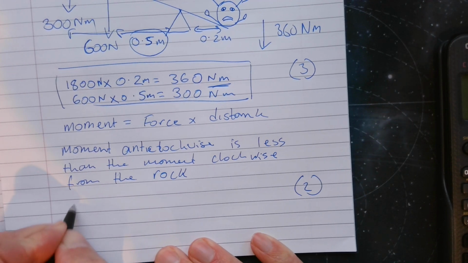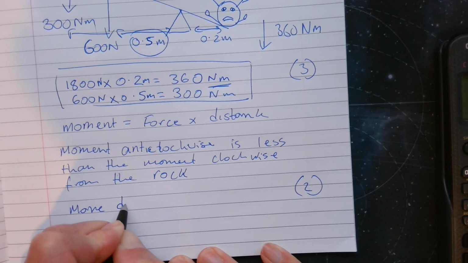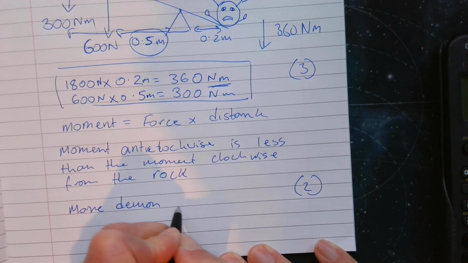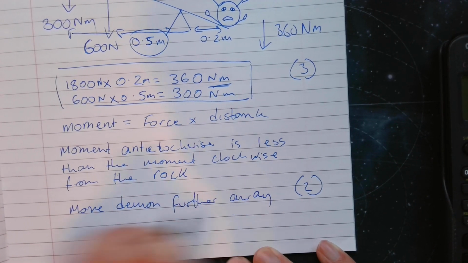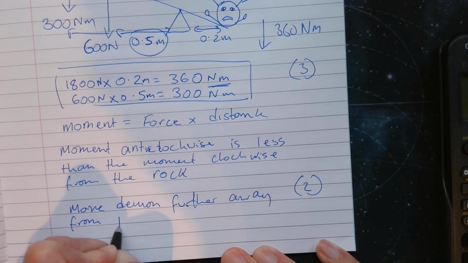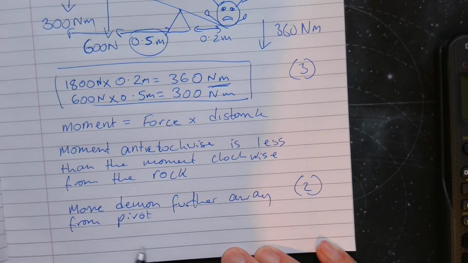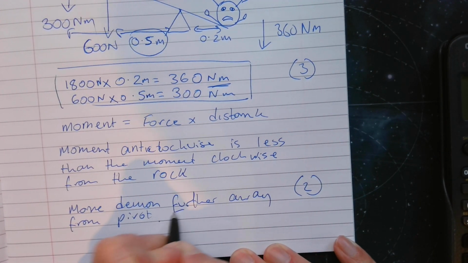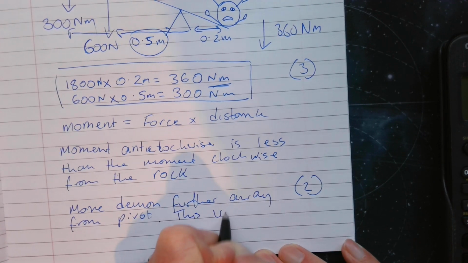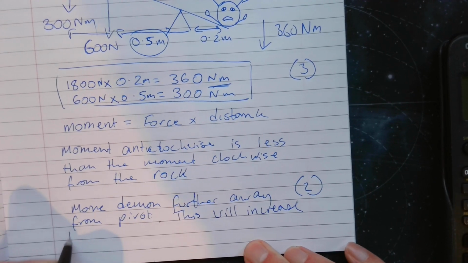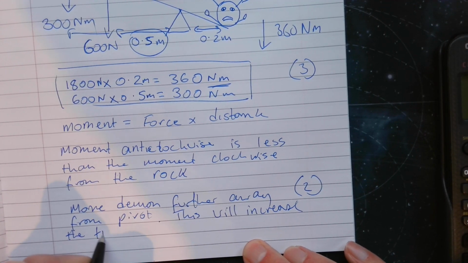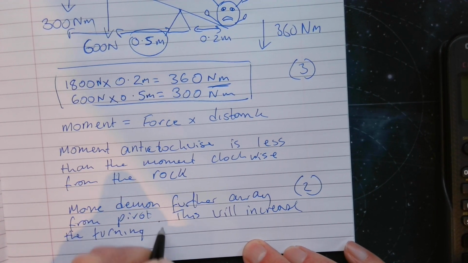So let's say: move demon further away from pivot, this will increase the turning force or the moment.